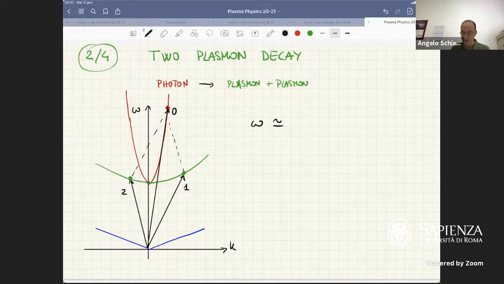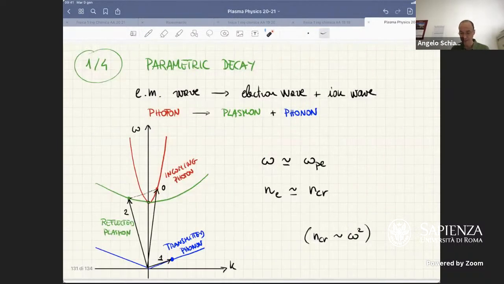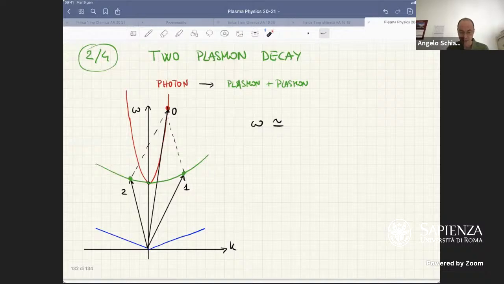Because as we said, the plasmon are almost constant frequency. So 2 plasmon are summing up to twice the plasma frequency. So we have to require the frequency of the laser, of the photon, to be twice the value of the plasma frequency.